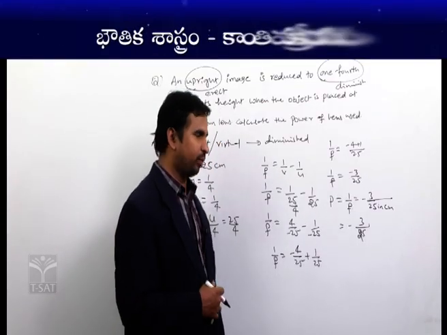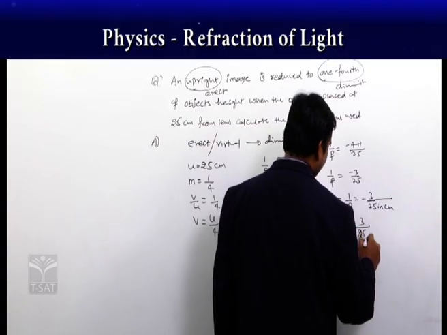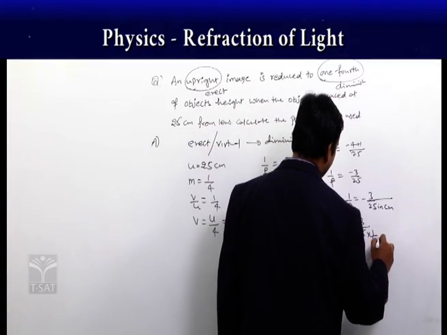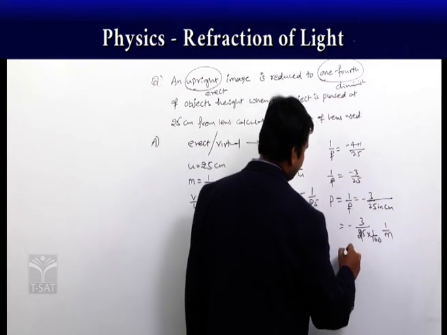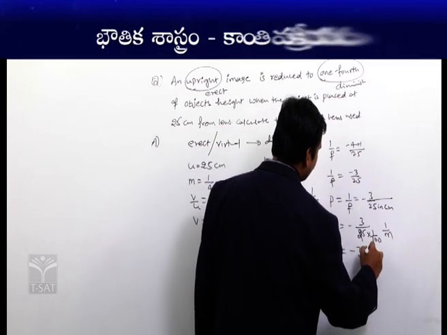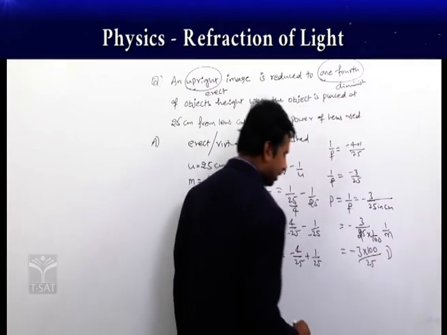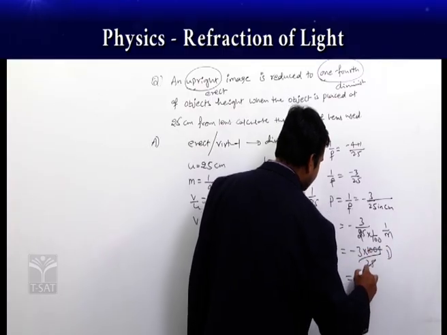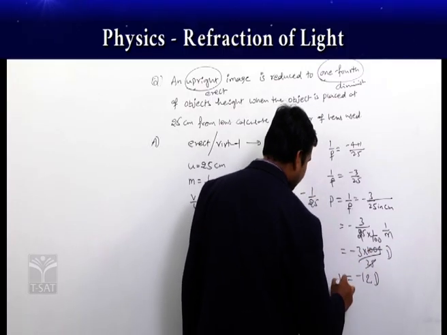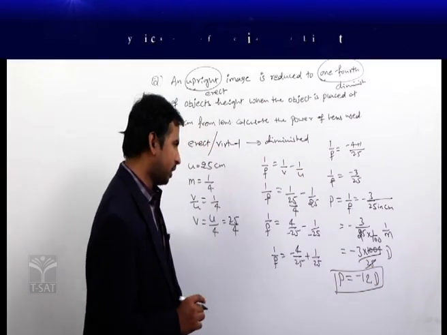If we convert that into meters, we multiply with 1/100. So 25 into 1/100, then 100 comes to the numerator, minus 3 times 100 by 25 diopters, then it becomes minus 12 diopters. So the power of the lens is P equal to minus 12 diopters.